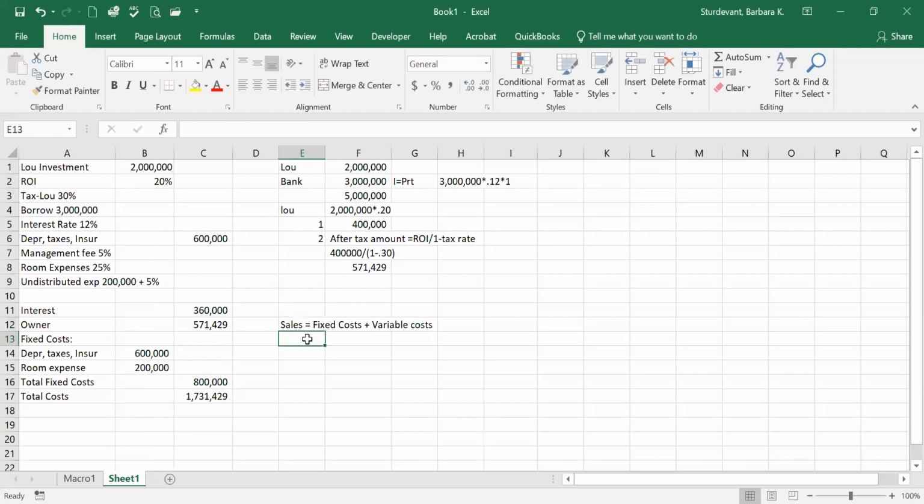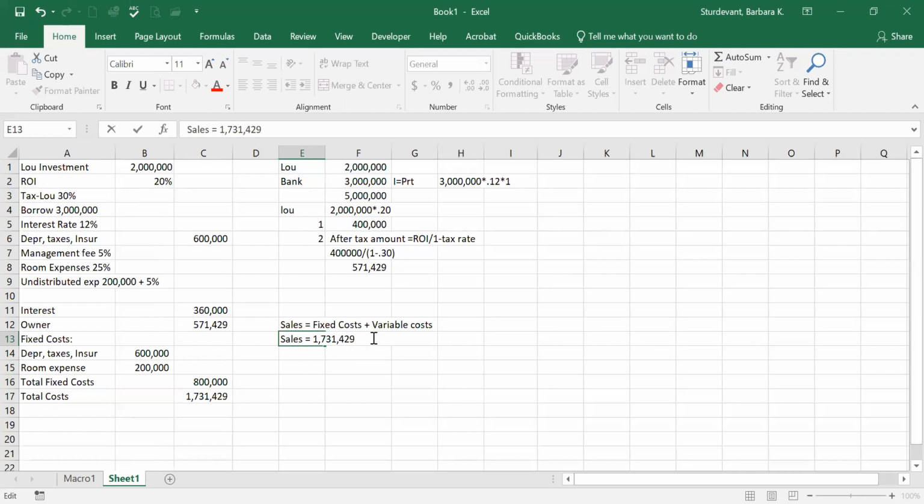So in this case, we have sales equal to fixed cost that we just figured out.